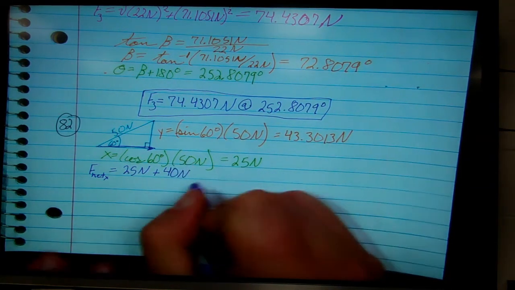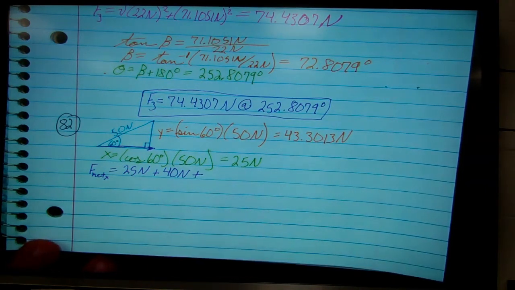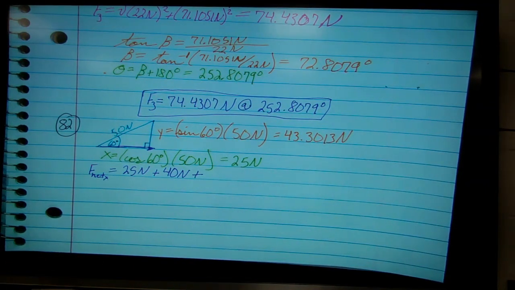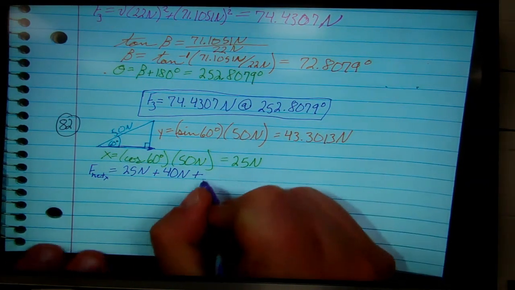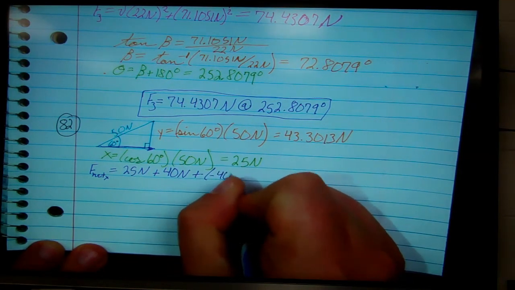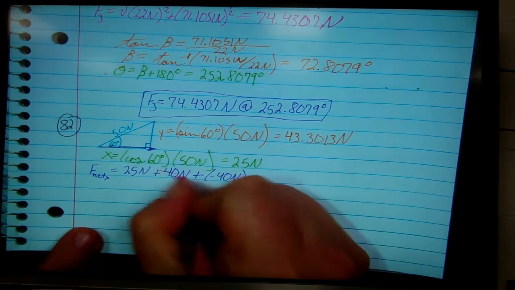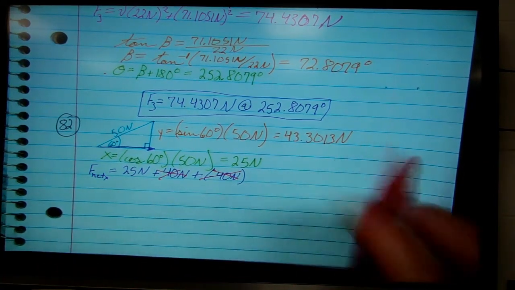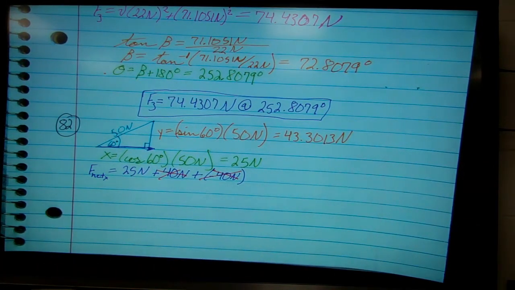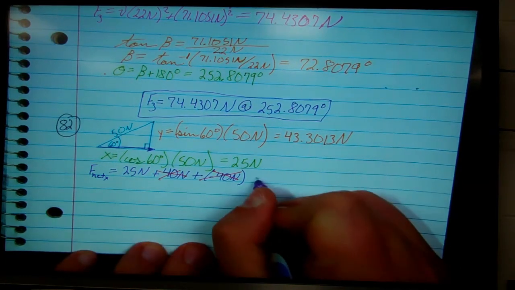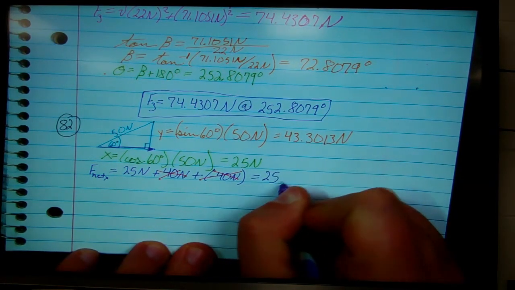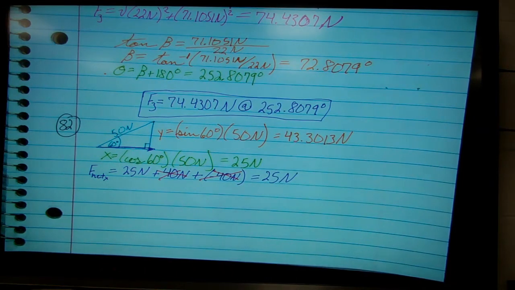But force 4 is 40 newtons going in the negative x direction, so negative 40 newtons. They just cancel each other out, which leaves us with what Savannah was saying, 25 newtons. Now that is the net force for all 5 forces in the x direction.